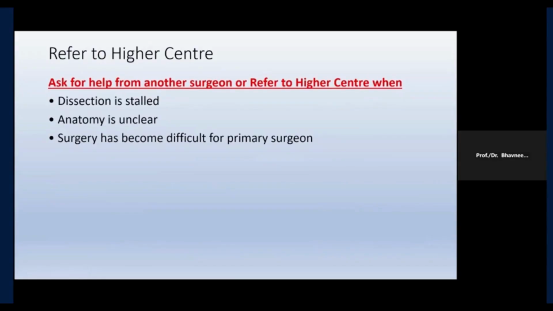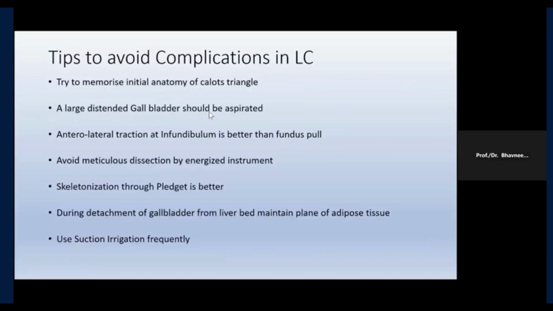Lastly, do not forget the importance of asking for help, calling in a colleague who can give you a second opinion. And if both of you find that this is not a case which can be handled here, it is better to close, come out, and refer that patient to a higher center where they deal with such cases. This is again a very sound and wise decision on the part of the operating surgeon.